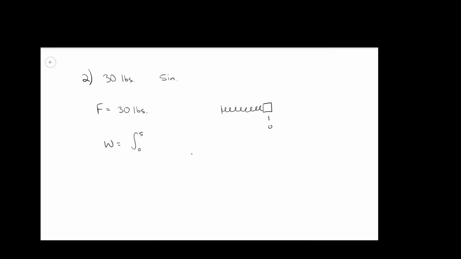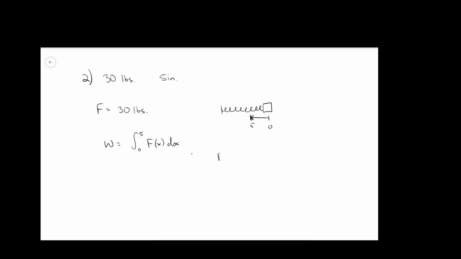And then what am I doing? I'm compressing it. And where I stop, that'll be at 5. Okay, that's what we're talking about. The natural length of the spring would be 20, doesn't really affect anything here. Okay, so the force here is just 30, or actually Hooke's law. So we'll have to find that, and we'll do that in a second here. That's the integral that we're going to have to find.